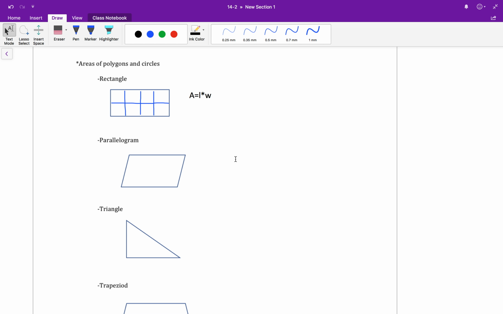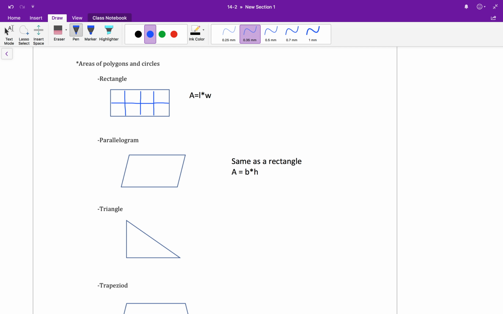Parallelogram, you might think, oh my goodness, I don't know this one, but it's the same as a rectangle. In fact, a parallelogram is just kind of like a squished rectangle or like a slanty one. So its area is base times height, or you could think about it as length times width.